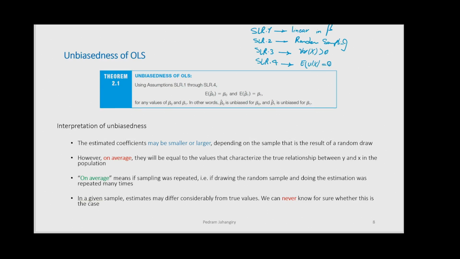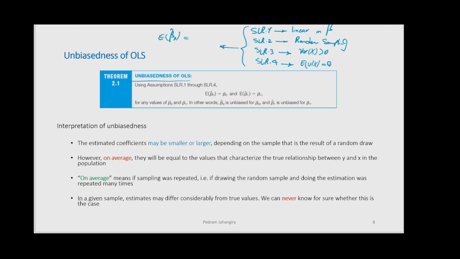So using these 4 assumptions mathematically, the proof is beyond the scope of the class, but mathematically we can show that our estimator is going to be unbiased. So what does that mean? Having these 4 assumptions, you were interested in the expected value of beta hat 0 and beta hat 1, weren't you, right?